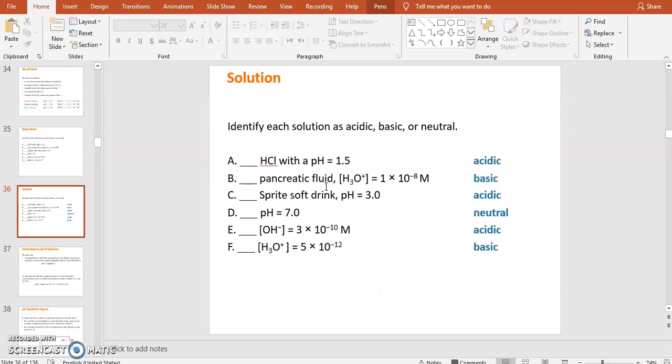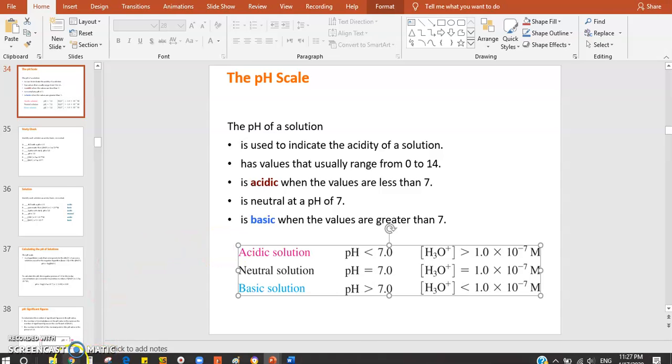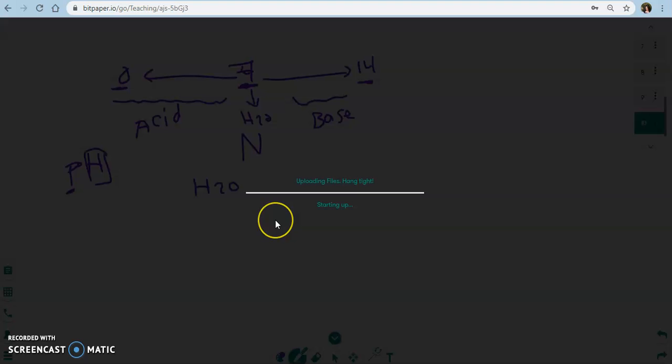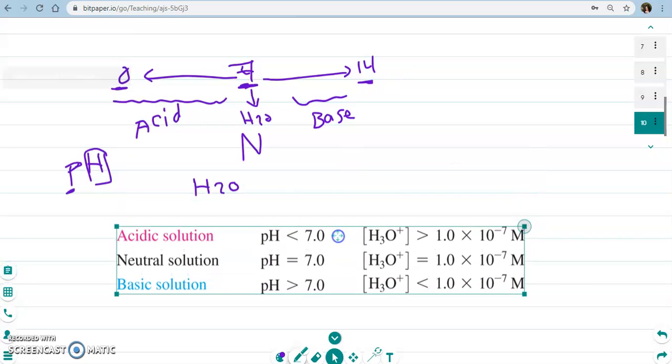So to determine if the solution is acidic or basic, basically we have to look at two things. So let's put this in here. We either look at the pH number.